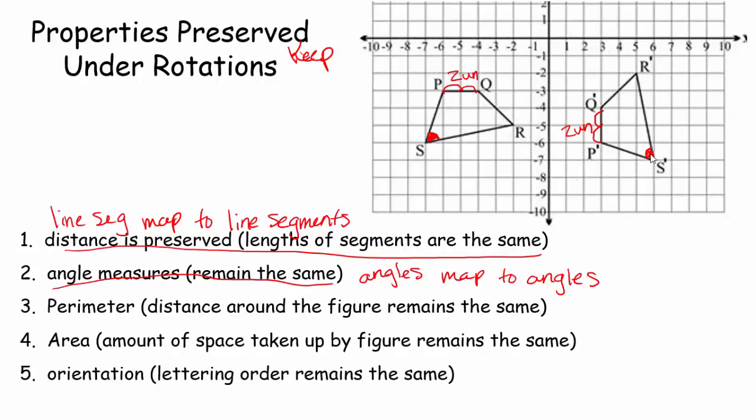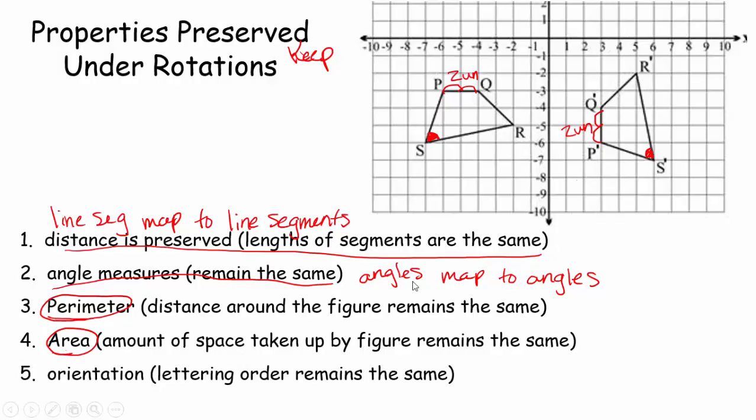Those angles are the same measurement. And if you had a protractor, you could actually measure it. Because our line segments map to line segments, our perimeter, our distance around the object, has to remain the same. Because our line segments map to line segments and our angles map to angles, our area also has to stay the same.